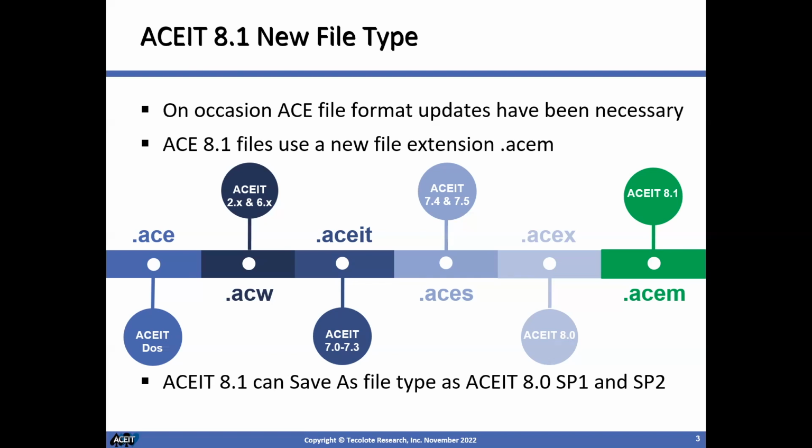The good thing about this .acem file with 8.1 is that we have the ability to allow you to work in 8.1 and save the file back using File Save As to an 8.0 service pack 1 or service pack 2 file.